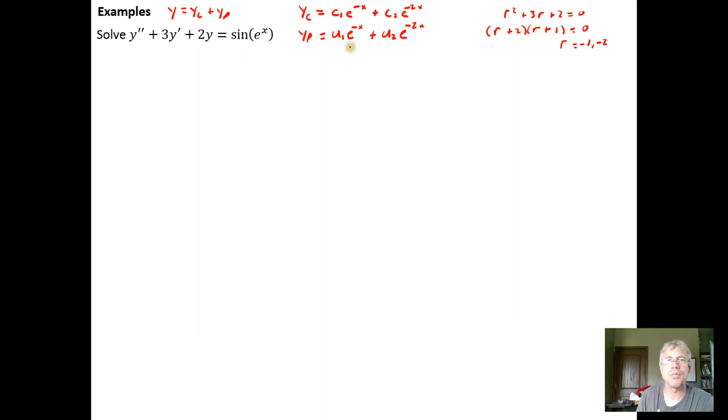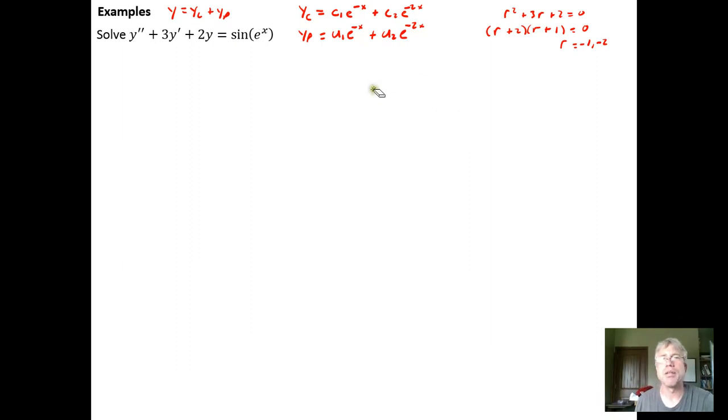So again, from the previous video, we need a y sub 1 and a y sub 2 that are linearly independent solutions to the homogeneous differential equation. And then we guess that the particular solution is going to be a function combination of those two homogeneous solutions.